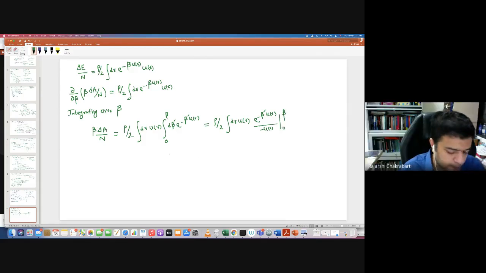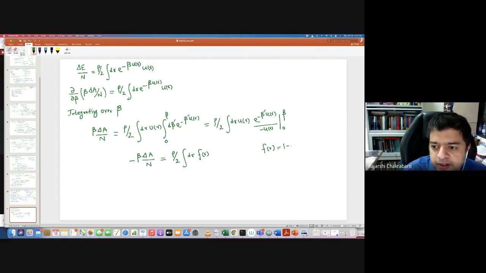So I can say that, if I multiply by minus on both sides, βΔA/n is going to be ρ/2 ∫dr f(r), because this u(r) will cancel, no? And what is f(r)? f(r) is 1 minus exponential of −βu(r). Isn't it?